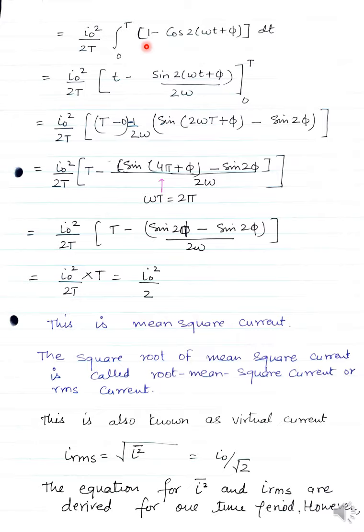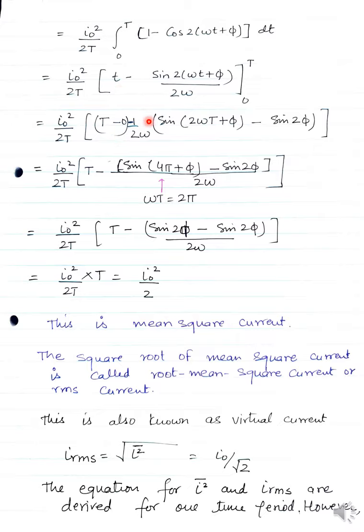Now we will do the integration. I just took everything from the previous page. When you integrate, 1 will change to t, and the integration of cos 2(ωt + φ) will be sin 2(ωt + φ) divided by 2ω, since the constants are 2 and ω both. When you put the upper limit and lower limit for t, it will be T minus 0.